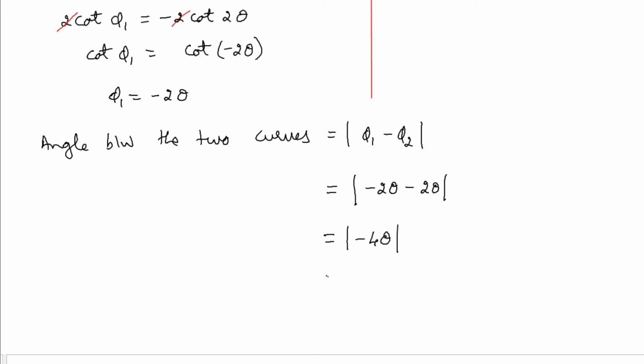Since you have modulus, the negative sign will go off and you will just get 4 times theta. So that's the angle between the two curves.